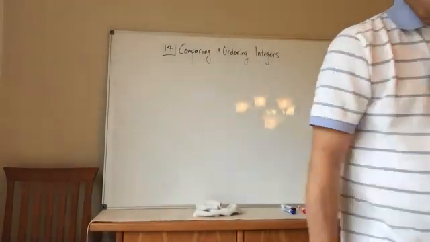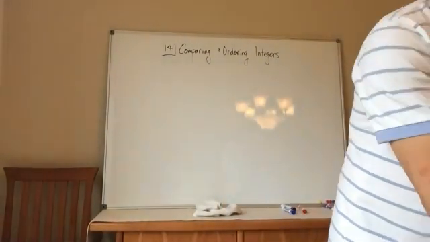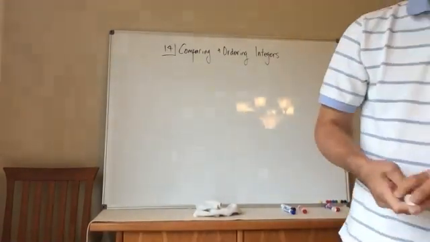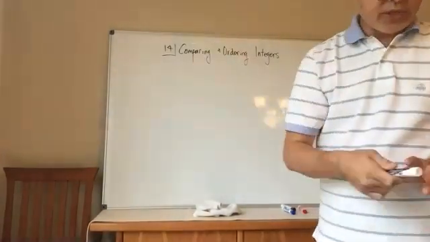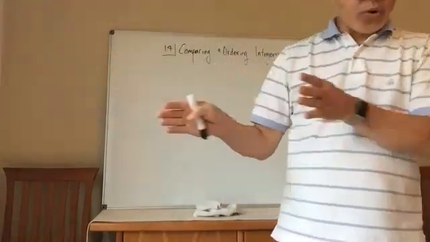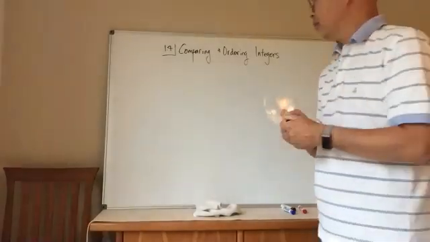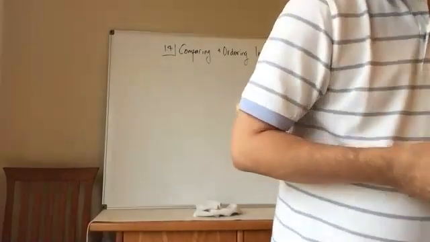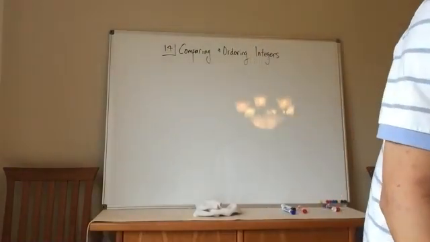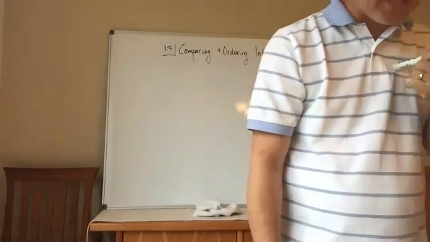Okay, so let's look at 1.4. We have comparing and ordering integers. This is basically stacking up the order of the integers, okay? If I asked you to go look at page 22, there is a section on supercooling insects.